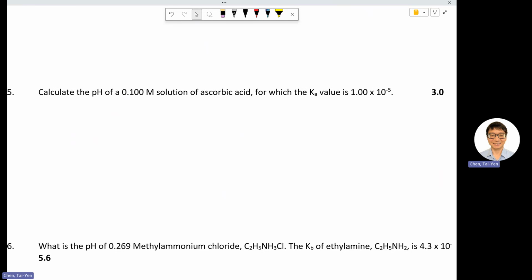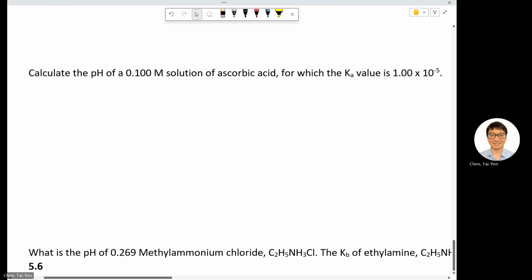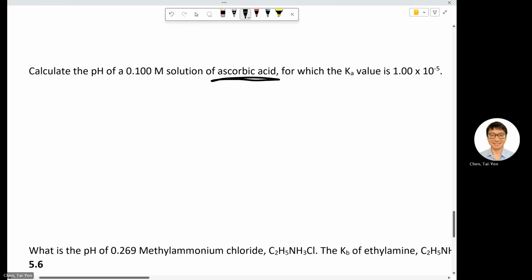Okay, so the first step is to identify what kind of solution you have, right? Whether it's a strong acid, weak acid, strong base, or weak base. So what kind of solution do we have?